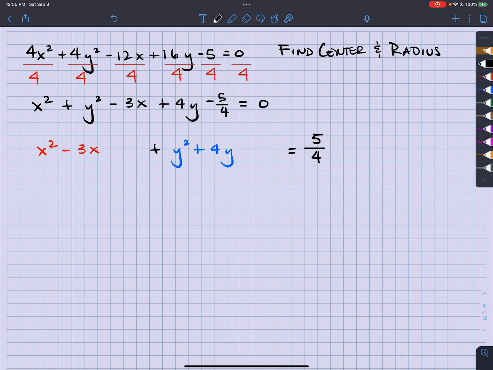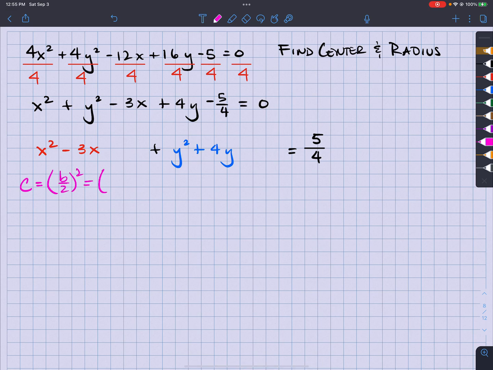So from there, we need to find a new c, and c is b divided by 2 squared.